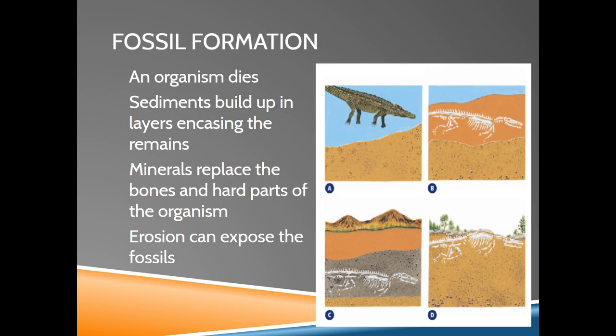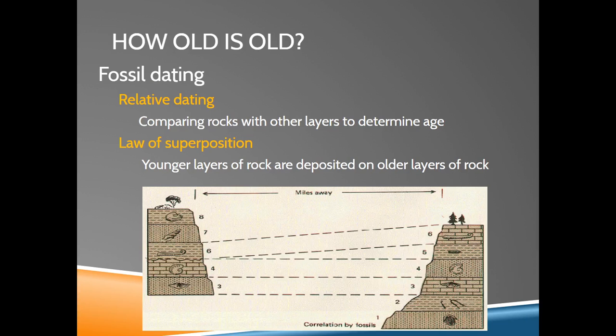Ultimately though, when we look at a fossil, it's actually not the bones of the organism, it's actually a replica or cast of it because all the bones have been replaced with minerals from those sedimentary rocks. And again, sometimes when they get covered up with layers of dirt and rocks, we never see them for many years until erosion happens or uplifting of rocks. And then we're fortunate enough to find them, like we have for many dinosaurs.